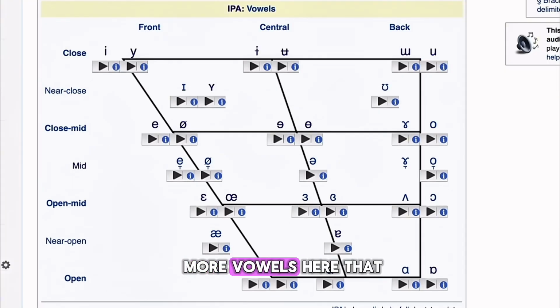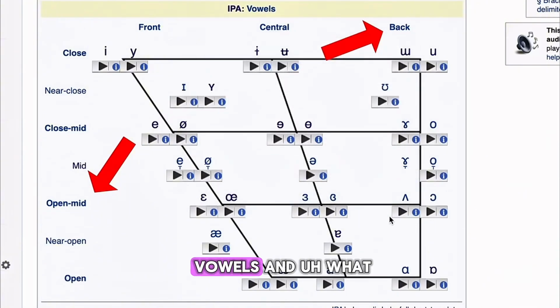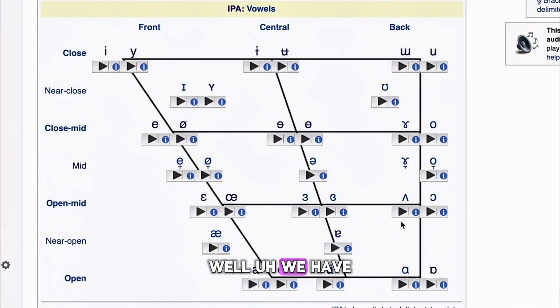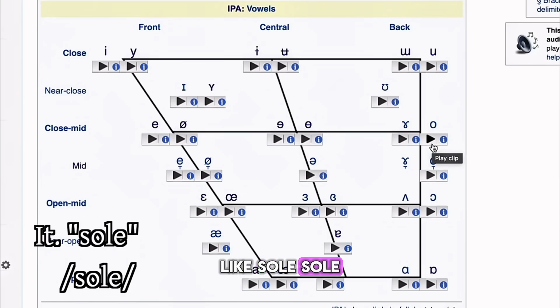There are a few more vowels here that I didn't talk about yet. For example, we have the open mid back vowel. And what is that? Well, we have the rounded version, which is open o, like Italian buono. And we also have the closed mid version, which is o, like sole.